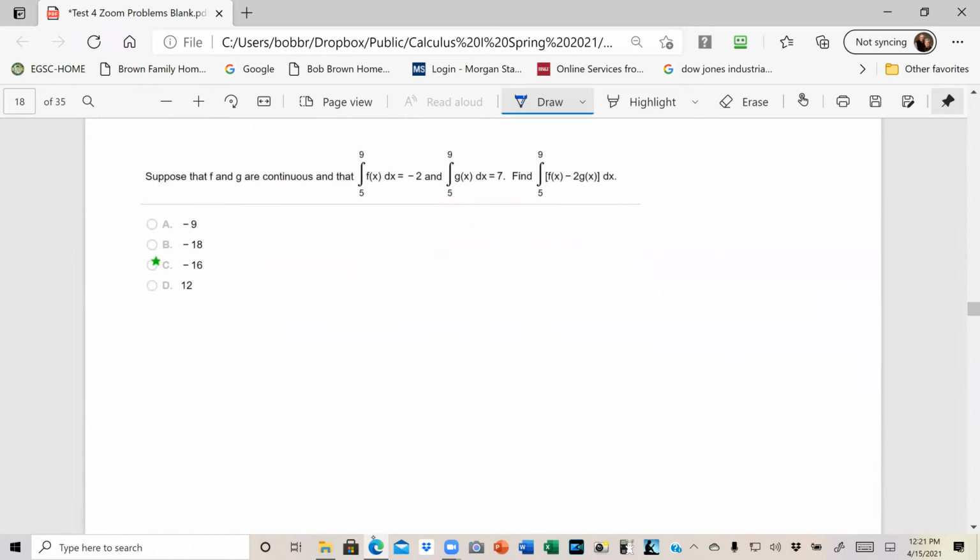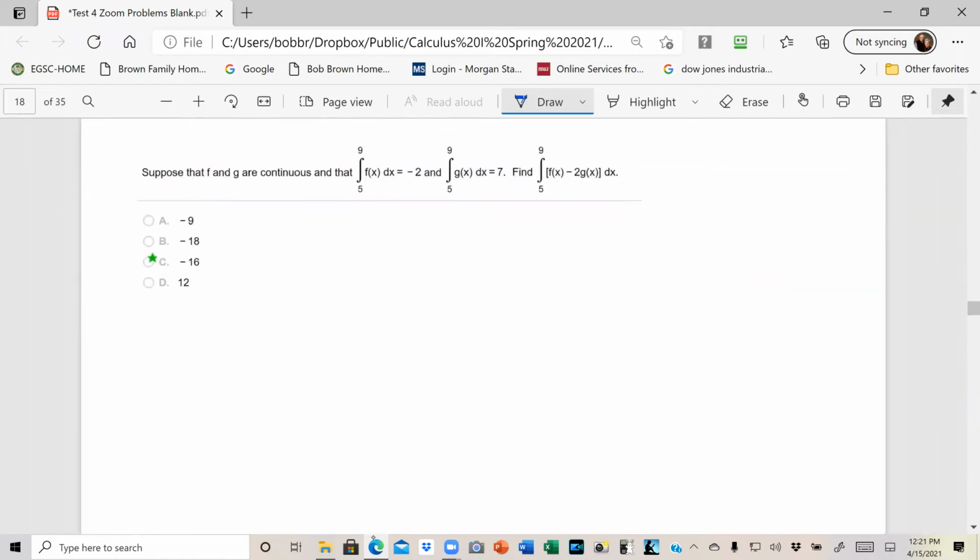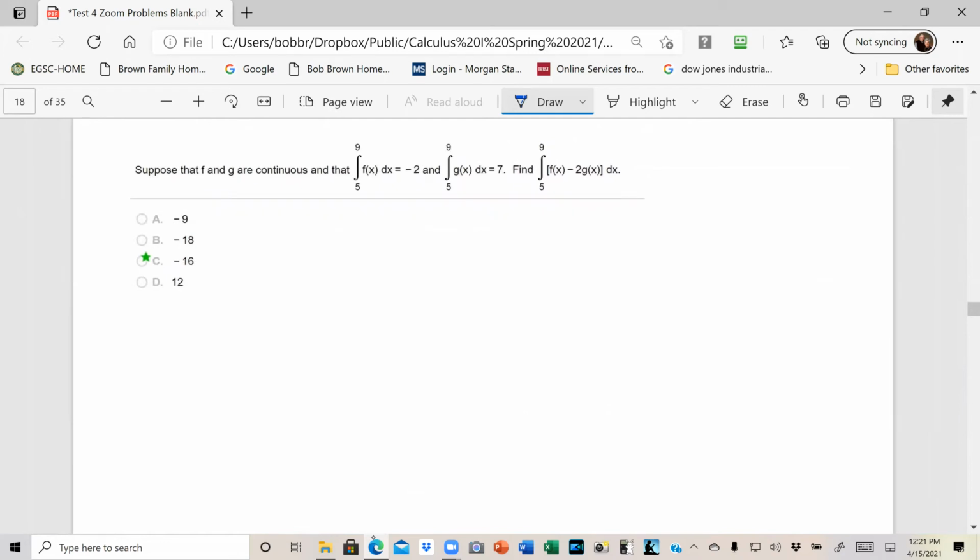Now we're given a couple of definite integrals, and we want to find another definite integral. We're given the integral of f of x dx from 5 to 9 is equal to minus 2. The integral of g of x from 5 to 9 is equal to 7.